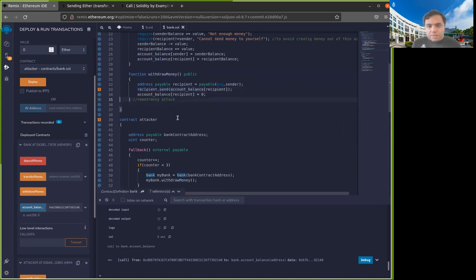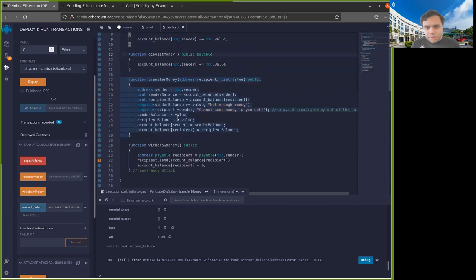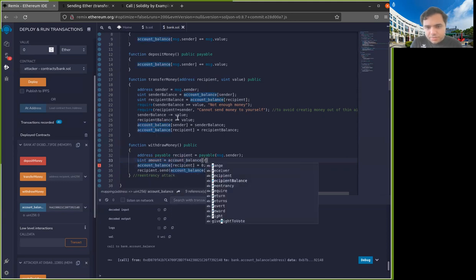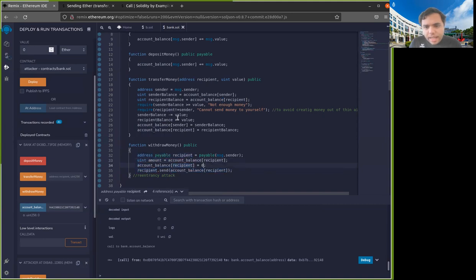So how can we fix this? Well, there are several ways you can fix this, making sure that you don't have a situation like this. One way to do it is, in this particular case, just update the account balance before sending the money. So just have some amount, which is the account balance of the recipient, and update the account balance first, and after you update the account balance, then send the money over.